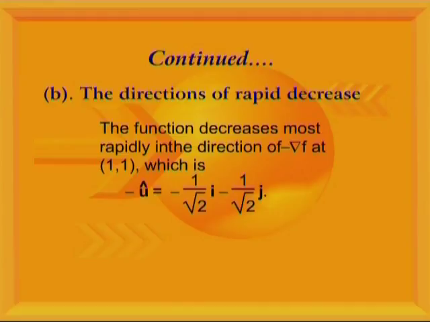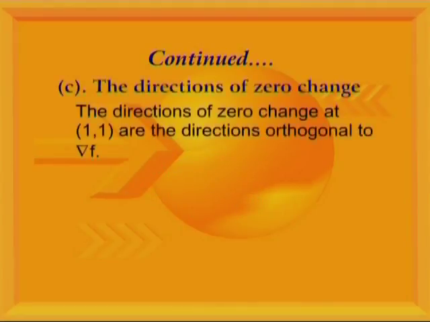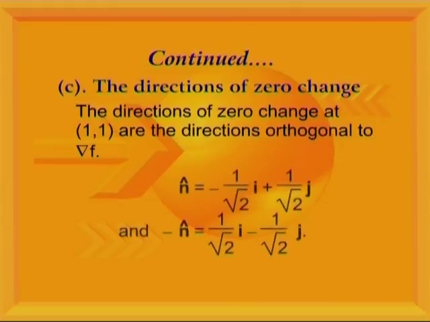Now the direction where there is no change, where there is zero change, will be orthogonal to that. So if we take the unit vector u, which is equal to 1 over under root 2 i plus 1 over under root 2 j, the unit vector orthogonal to it will be minus 1 over under root 2 i plus 1 over under root 2 j, because their dot product will be 0.